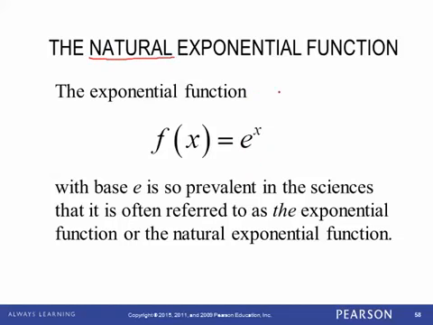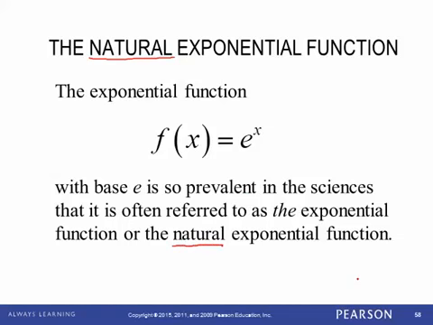Because whenever we do applications with population growth, growth of anything, or decay of a lot of things that are happening all the time, oftentimes e turns out to be a pretty good way to model that behavior. So it's called the natural exponential function because it occurs in nature quite a bit.